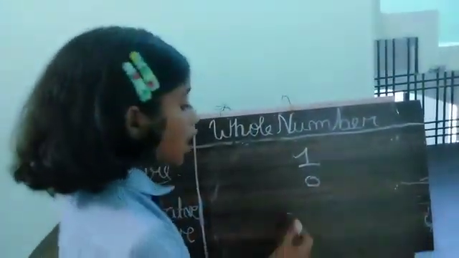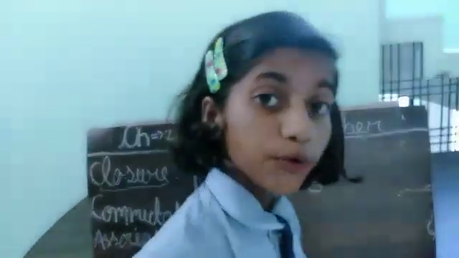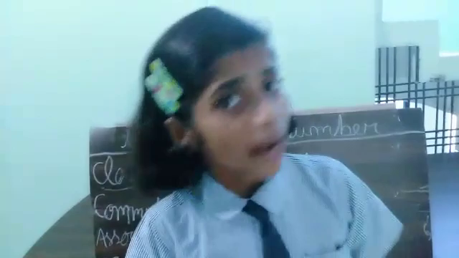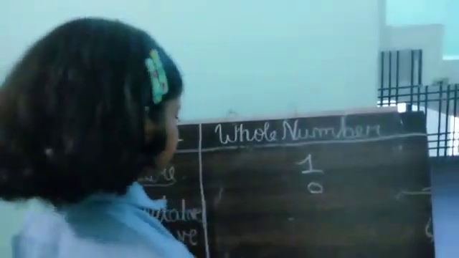You know friends, all the natural numbers are whole numbers, but all the whole numbers are not natural numbers. Fourth, the largest whole number and natural number: there is no largest whole or natural number because it's infinite.